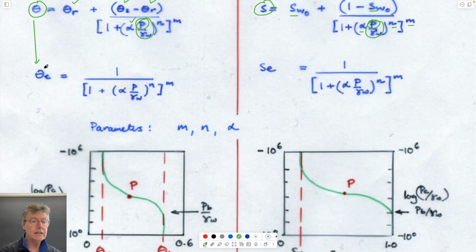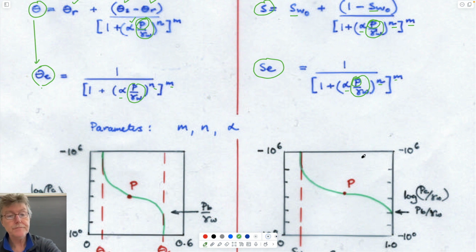And we again get the term we want to define as a function of the capillary pressure and a function of a whole bunch of fitting parameters. And if we want the actual effective saturation, we again get that as a function of pressure or matrix potential and these curve fitting parameters.